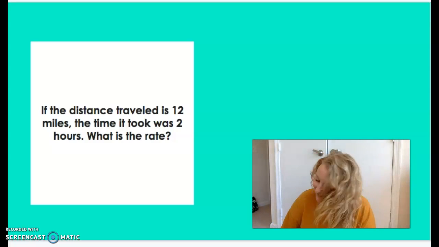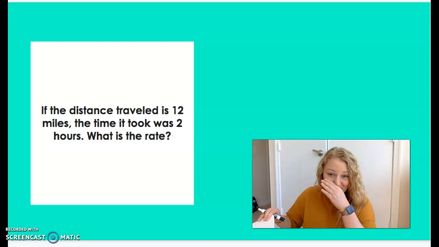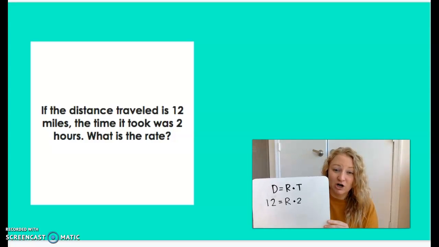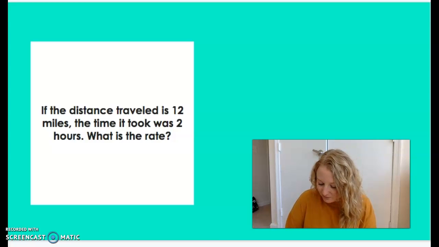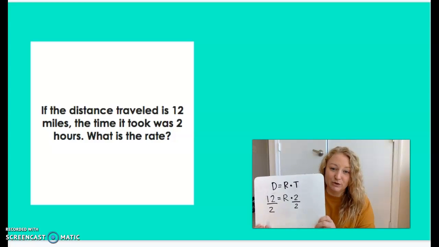When the problems get a little more complex, which they will, you know how to solve a one-step equation. So I'm going to model it just with this simple problem as a reminder. I want to isolate my variable. My variable is r times 2. The inverse, or the opposite operation of multiplication, is division. So I'm going to divide both sides by 2.